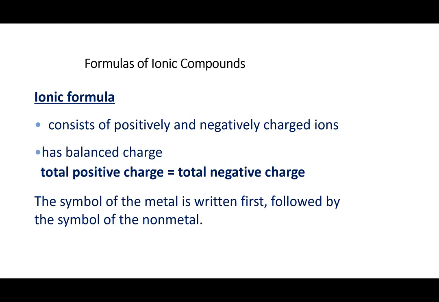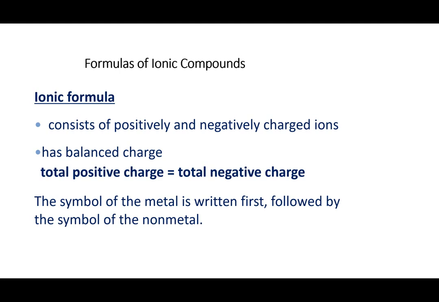Before we practice some more, let's talk about some basics of writing formulas for ionic compounds. An ionic formula is going to consist of positively and negatively charged ions. A positive is going to be attracted to a negative, and that's what holds an ionic compound together. It has to have a balanced charge, so the total number of positive charge and the total number of negative charge has to be equal to one another.